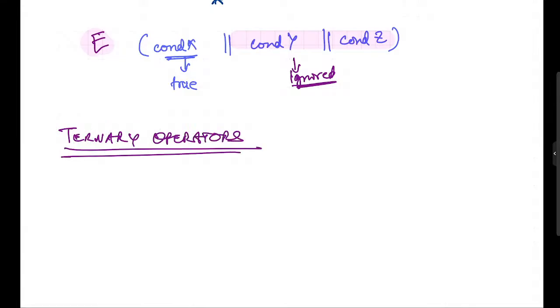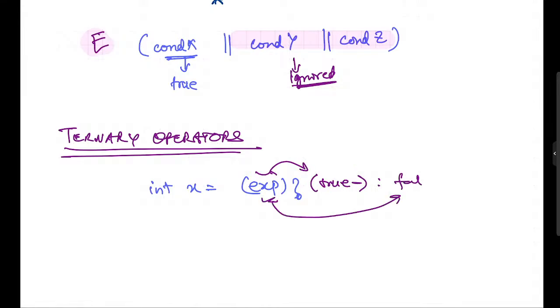In ternary operators, what you generally have is a statement like int x equal to an expression, and then this question mark. If this expression is true, whatever is there here will execute. If this expression is false, whatever is there here will get assigned to x.